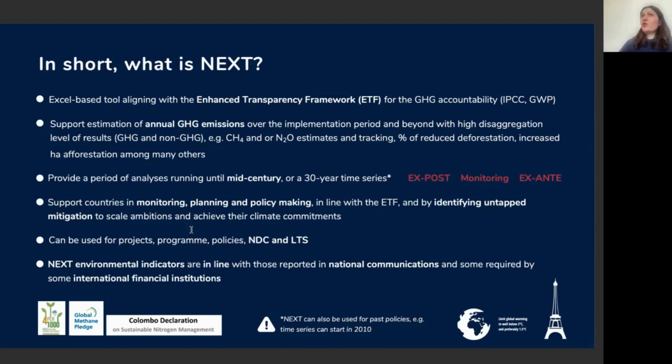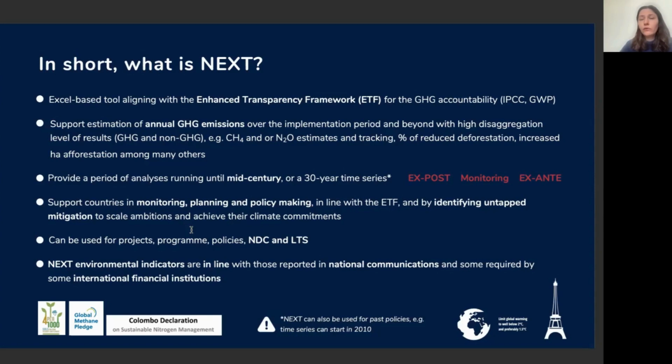And you can really track the emissions per gas. That can be useful, for instance, for the Global Methane Pledge that some countries have joined, where they pledged some specific goals, so they want to track specifically the CH4 emissions. So that is an example of what you can do.